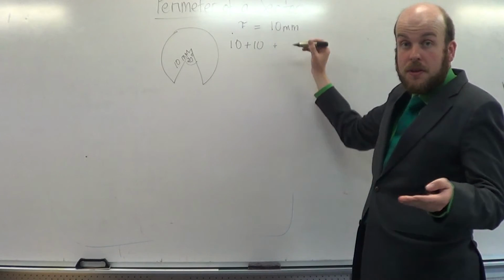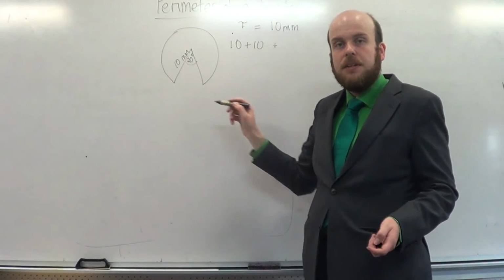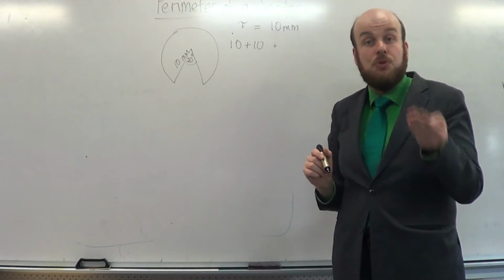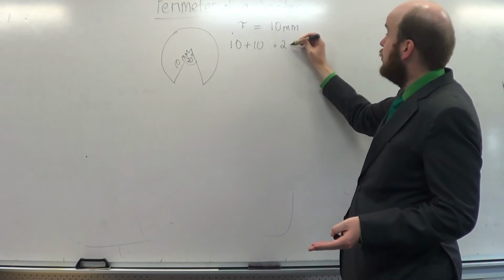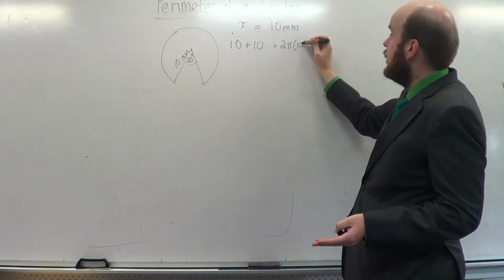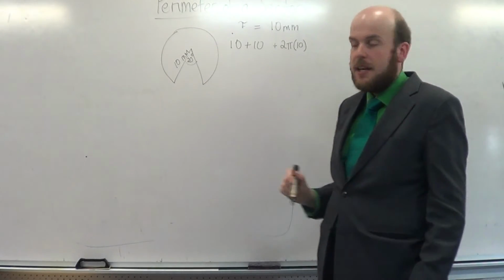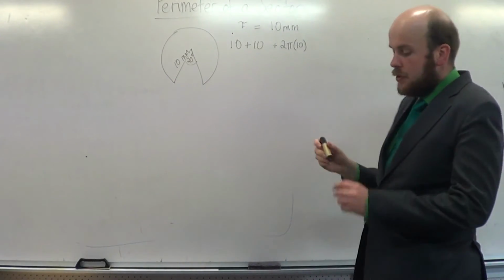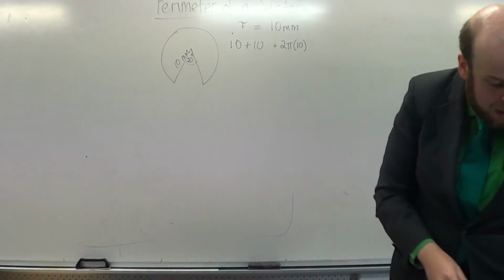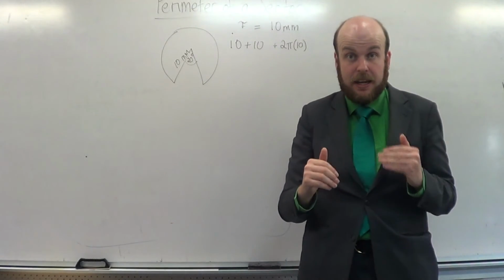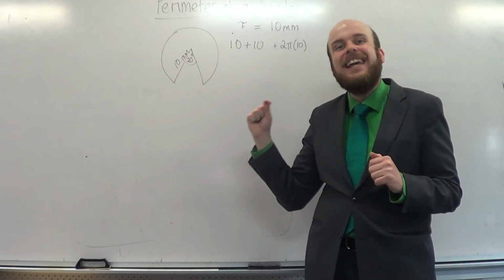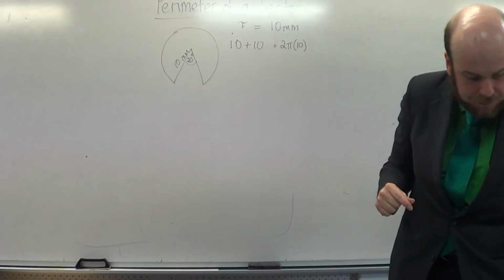Now, I also know that the circumference of an entire circle is 2 pi r, or in this case 2 pi times 10, because the radius is 10. What I'm going to do this time is, since I want everything except the sector, I'm going to take away that sector.